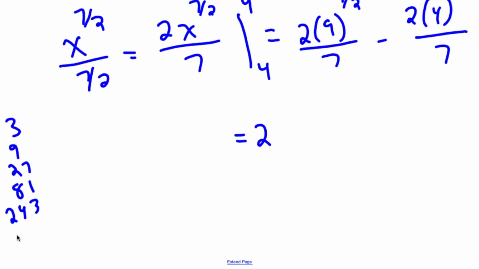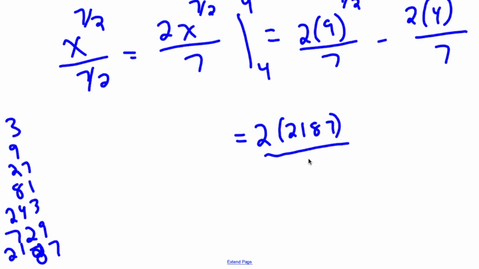And you can see that this is a lot to do here. So what would that be? 729. One more time. 2187. It's a huge number, right? 2 times 2187, if I did that right, that's what we're going to get over 7.